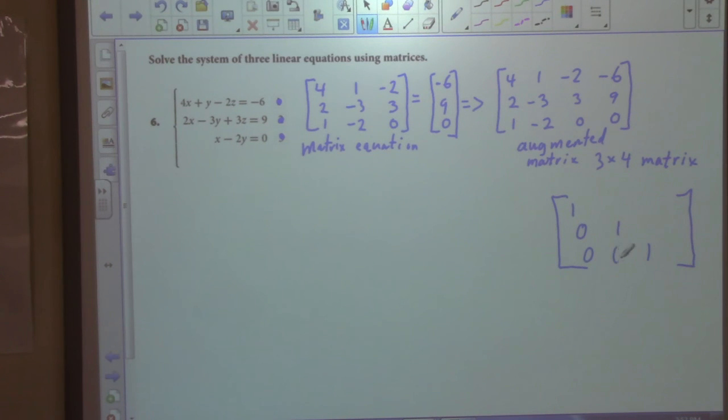We're going to get these numbers as our answer and the ones across the diagonal, and then we're going to have constants that are A, B, and C. So our answer is going to be x equals A, whatever that turns out to be, y equals B, and z equals C. And so we're going to do the manipulation to get this in this form, and this is called reduced row echelon form.